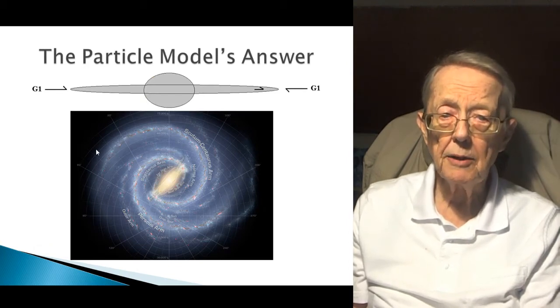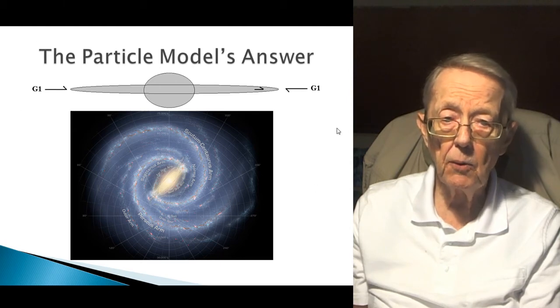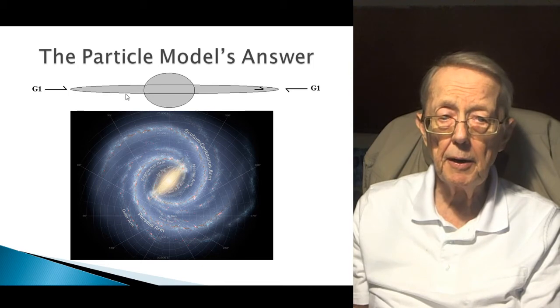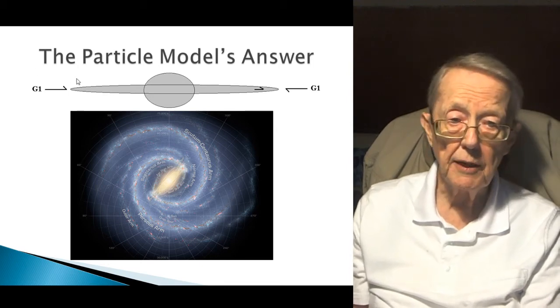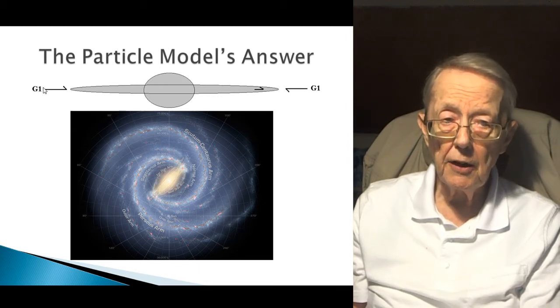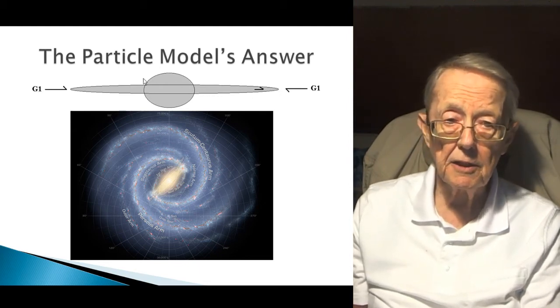Now, the particle model's answer to this is that we have a G1 force field all the way around the galaxy. And this force field is set up by particles passing through the galaxy. And I'm taking, in this case, the galactic plane. This is the galactic plane.